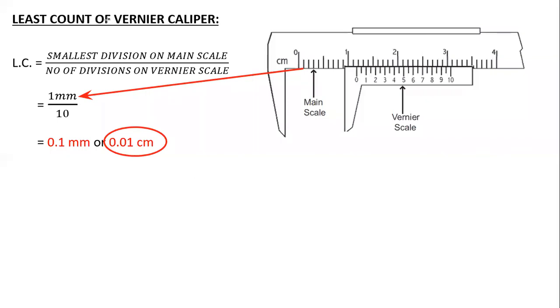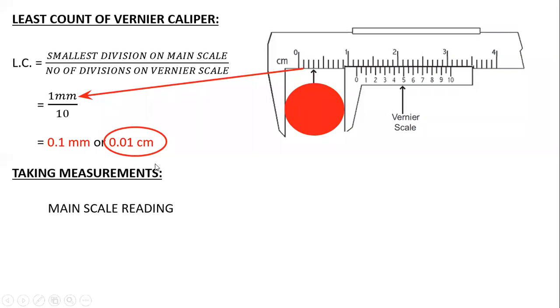Okay, so we'll go through one example of how to calculate the reading. Suppose I use the same vernier instrument which is shown, and I place a sphere between the jaws. If I want to calculate the diameter of this red metallic ball, how do I calculate it?